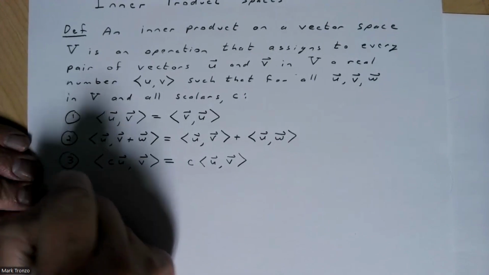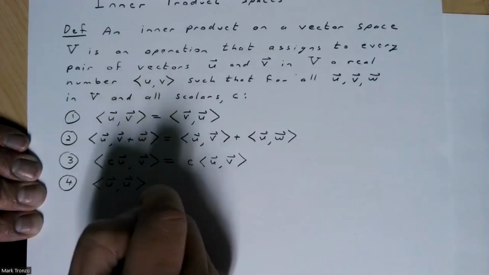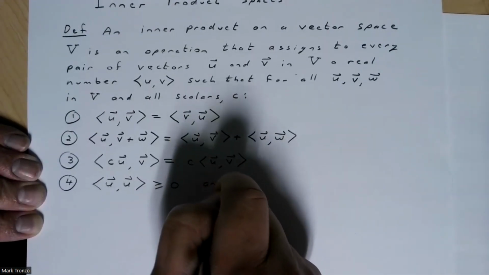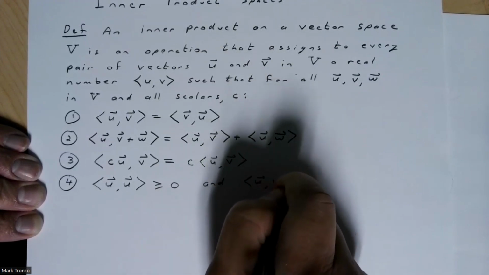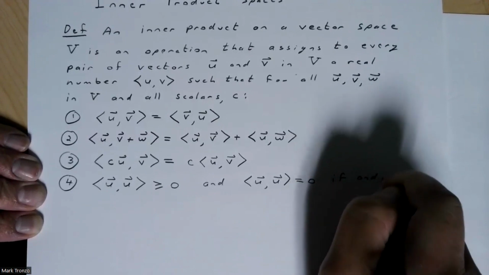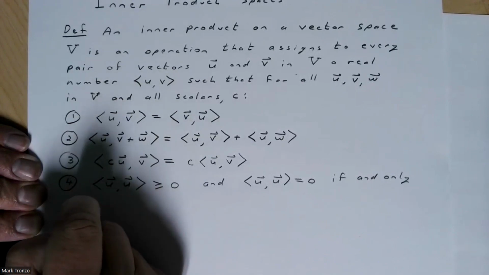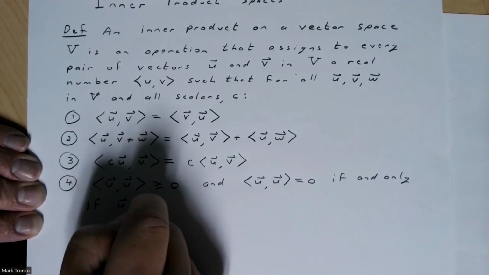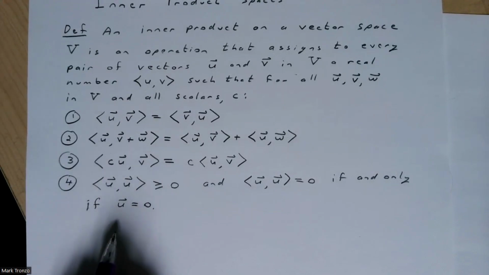Then finally, if you take the inner product of a vector with itself, it's always going to be greater than or equal to 0, and 0 if and only if the vector itself is 0.